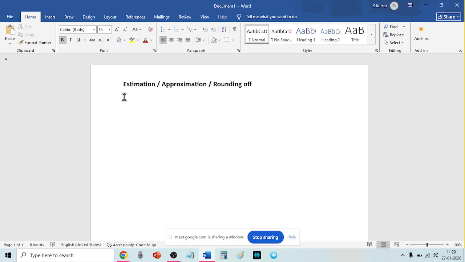Round up, round down, and round off. So, supposing 35486, this approximate or round off, whatever it is, round off to the nearest thousands.